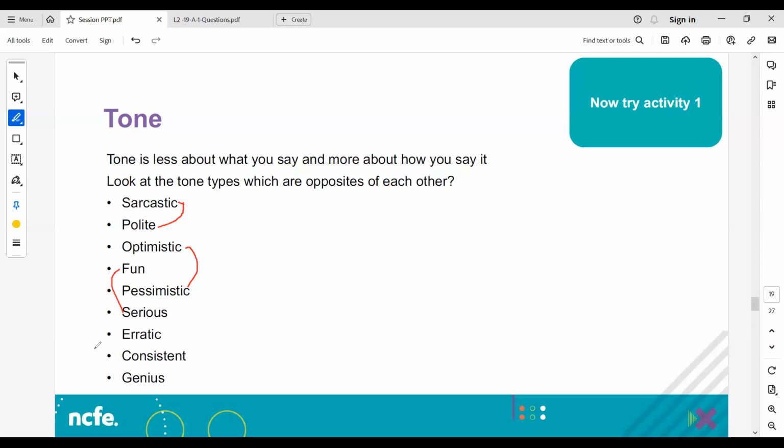Consistent would mean, well, it's well ordered. The argument follows through as you read the text. And genius obviously means someone's extremely clever, or it's an extremely clever, intelligent idea. So which two of those three words are opposites of each other?